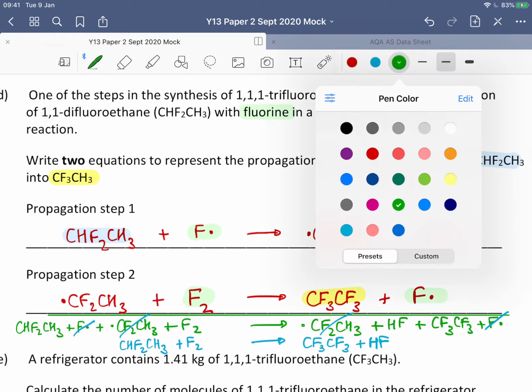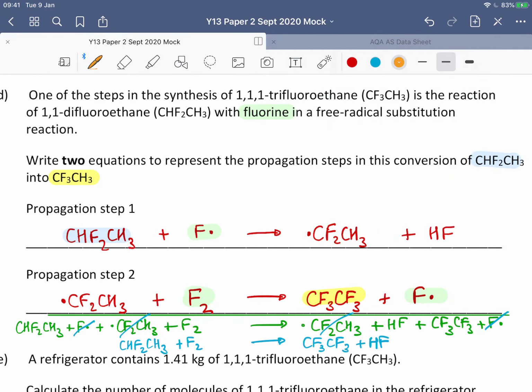And just to remind ourselves again, that radical has been reformed. It's a catalyst. Okay. But of course, I'm just adding stuff around to try and explain more than just give the answers.